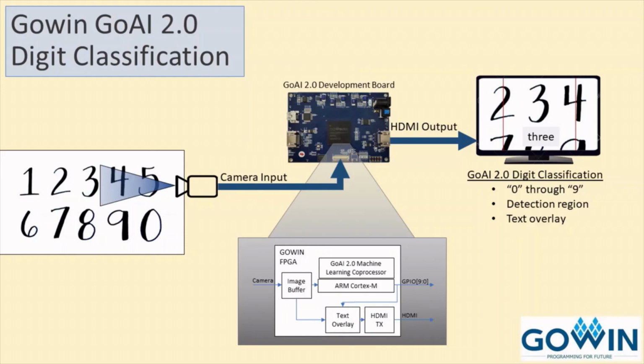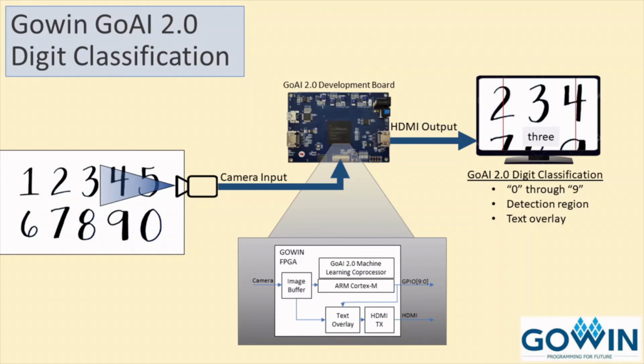The machine learning coprocessor can be loaded with a model to detect these digits, and the inference output, in this case, has 10 classification outputs for each digit. This is then run to 10 GPIOs, which can drive 10 different LEDs.